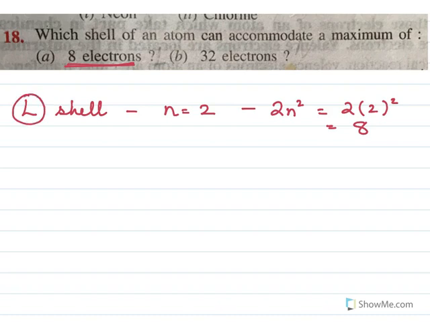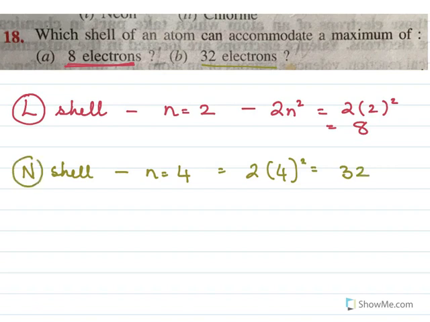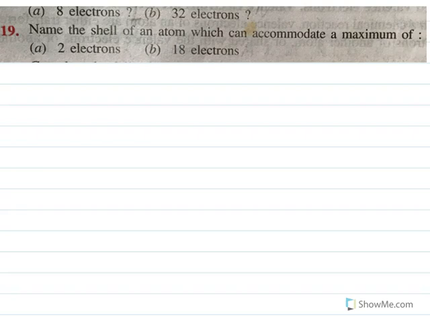So the answer is L. And 32 electrons would be the N shell, because for the N shell you have n equal to 4, and that is 2 into 4 square, which is 32. So the N shell has 32 electrons maximum, and the L shell has 8 electrons.